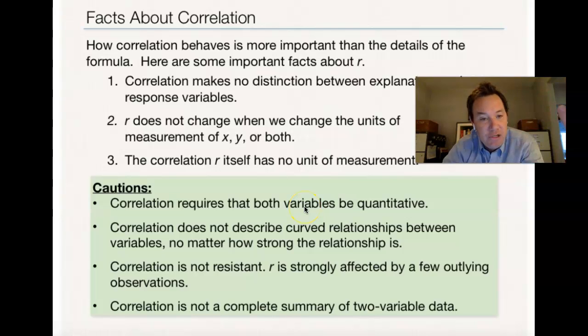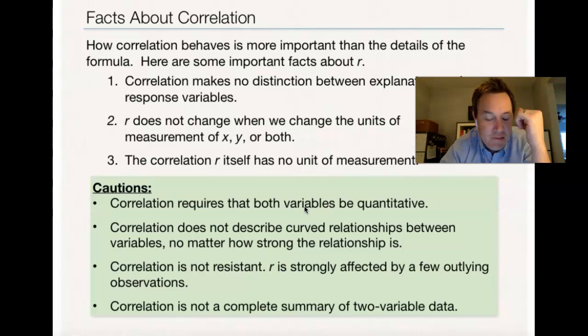To have a correlation, remember, it's a measure of how linear an association is between quantitative variables. So if somebody says something like, color is correlated to your impulse to buy, that's why they always put red at the front of the stores, that makes no sense because color is not a quantitative variable.